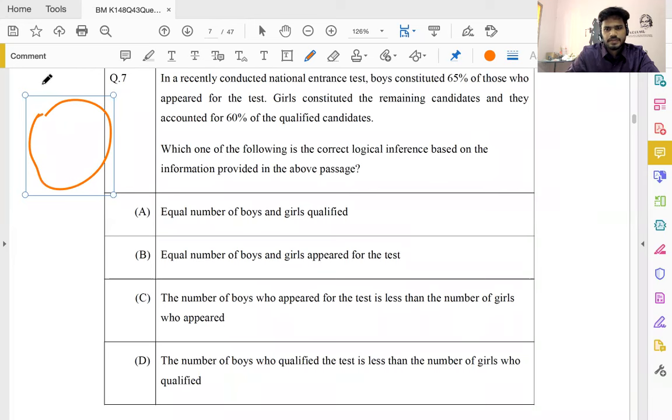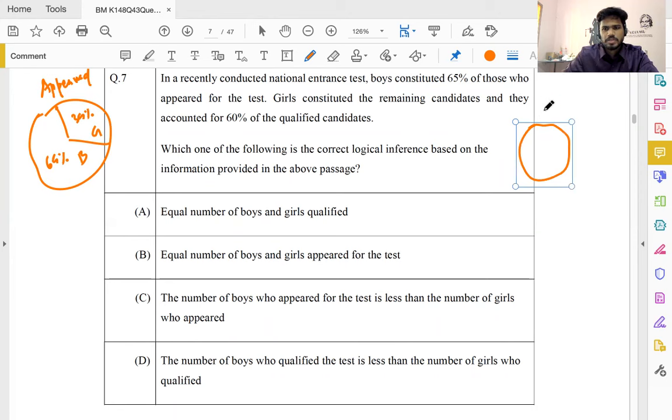This has appeared. Okay, and 65% boys, so the rest 35% is girls. And then here we have, so qualified is a small part of that.